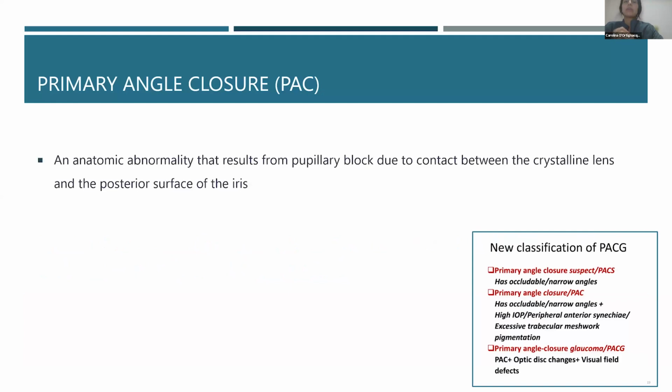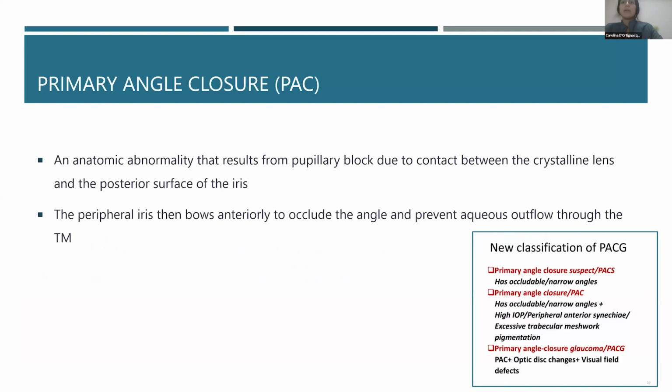Primary angle closure is an anatomic abnormality that results from pupillary block due to contact between the crystalline lens and the posterior surface of the iris. The peripheral iris then bows anteriorly to occlude the angle and prevent aqueous outflow through the TM.